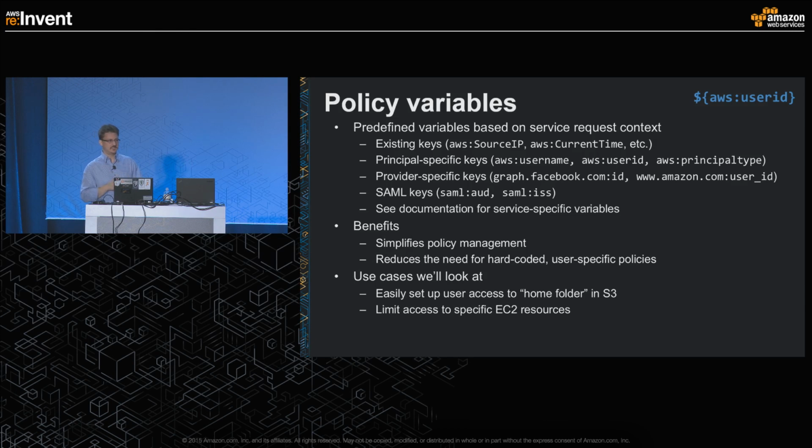They're based off of existing keys. We just looked at source IP and current time, okay? But if you're using an IAM user, there are keys you can use for variables as well, such as username, user ID, principal type. Of course, if you're using federation, either via Cognito, this is what the Facebook and the Amazon IDs look for. And if you're using the Security Assertion Markup Language, or SAML, you're going to have the audience and the issuer.